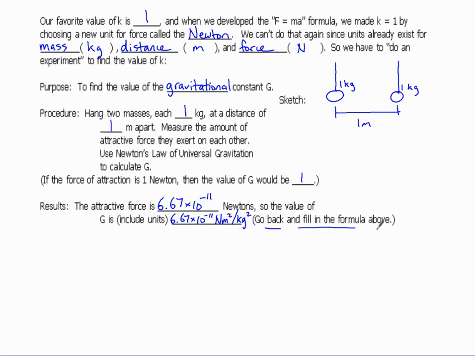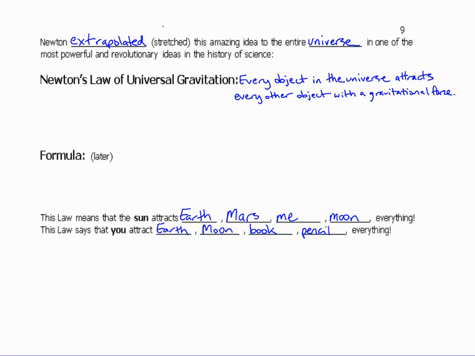So let's go back and fill in the formula above. The force of gravity equals, first up was K, it was a constant, but we determined what it is, capital G, the gravitational constant. Then it depends on the masses. So we have the mass of object 1 times the mass of object 2 divided by the square of the distance between them.